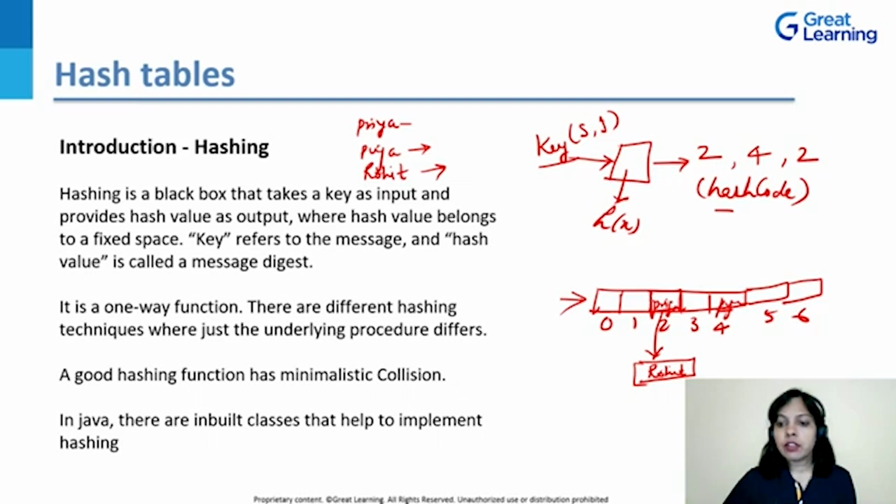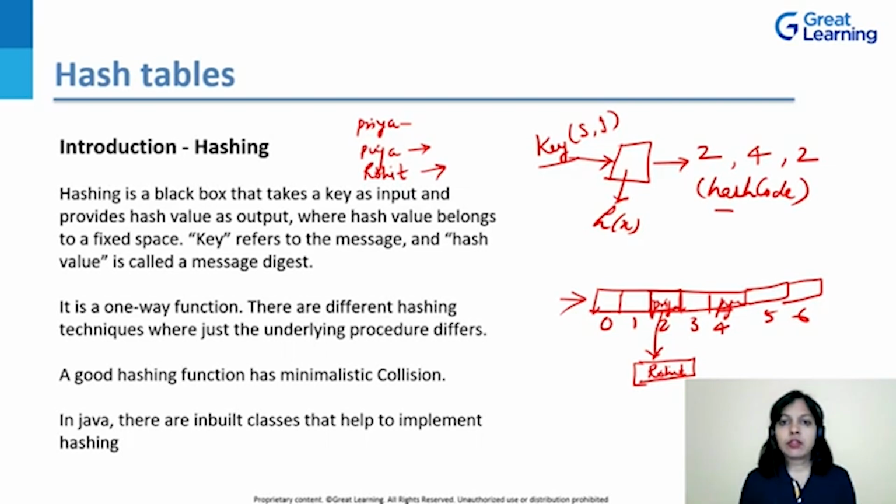This will also be one node of a linked list, which will have the value, that is Priya, the name of the student, and the address of the location where the next node is. Like in a linked list, every node stores data and a pointer to the next node, right? Similarly here, the data will be the student name Priya, and then the address to the next node, where the Rohit information is stored. Getting it? So this is how collision is resolved.